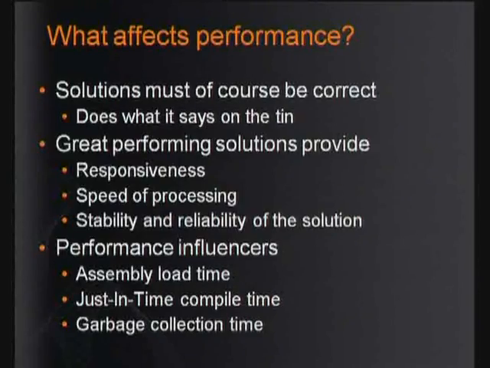Or if you are loading a particularly large library, there's going to be a delay when that library loads. After the library or the exe loads, in order for it to execute, the just-in-time compiler needs to kick in and convert the intermediate language into actual binary on the CPU. That, again, is going to introduce a delay.